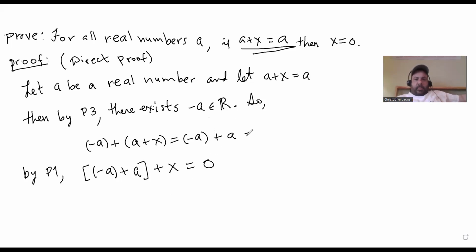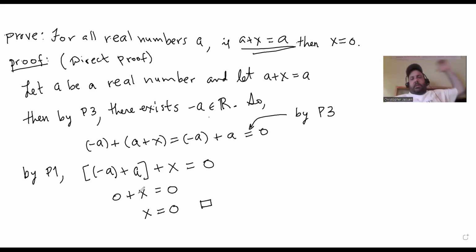So actually, maybe I can write it up here. This is equal to 0, and this is by P3. Okay, and again, negative a plus a is 0, so we get 0 plus x is equal to 0, so x is 0. And that's the end of the proof. So if you see me draw a little box like this, that's what that means, end of proof.